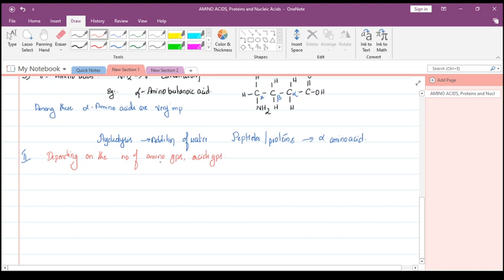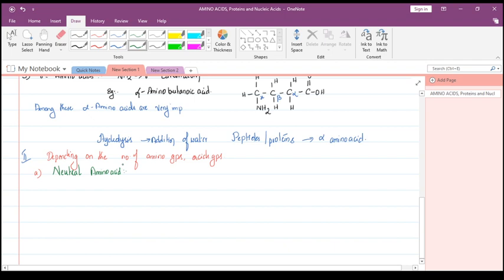Okay, now what is this? The first classification in this is neutral amino acid. We know that COOH is the acid group and NH2 is the amino group, which is a base. So one acid group and one basic group is present in the amino acids. So what is the meaning of neutral amino acid?